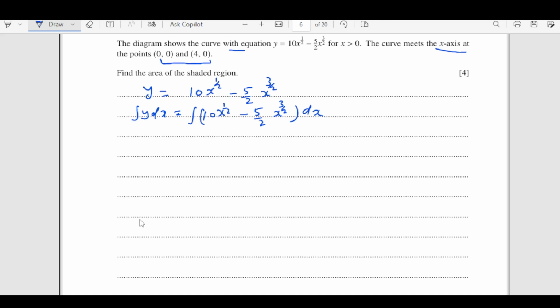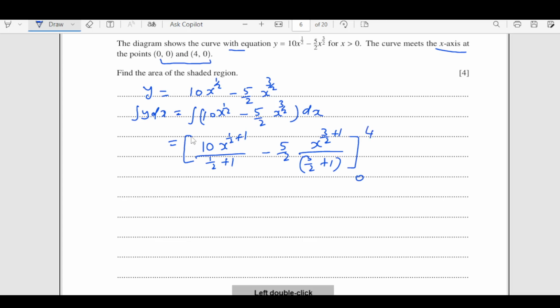Then we will have the integration: 10 x power half plus 1 over half plus 1, minus 5 over 2 x power 3 over 2 plus 1 over 3 over 2 plus 1, right. The limit is from 0 to 4, I will write it over here.